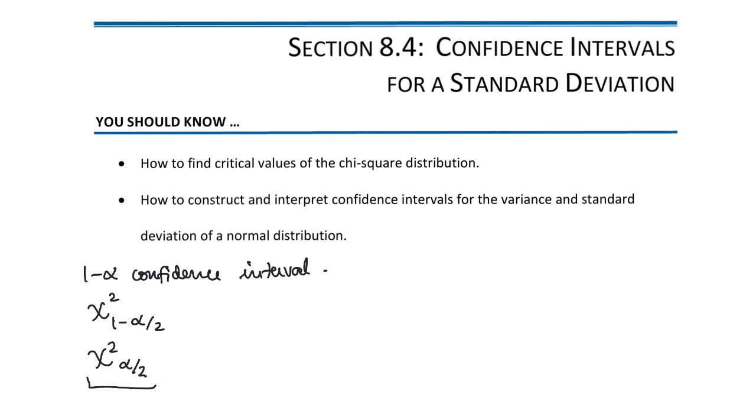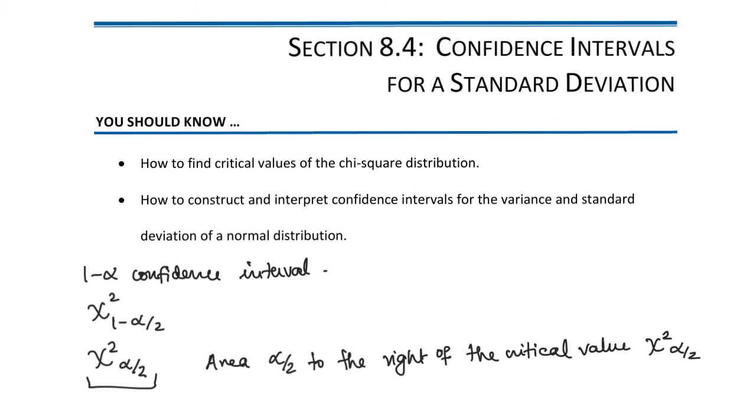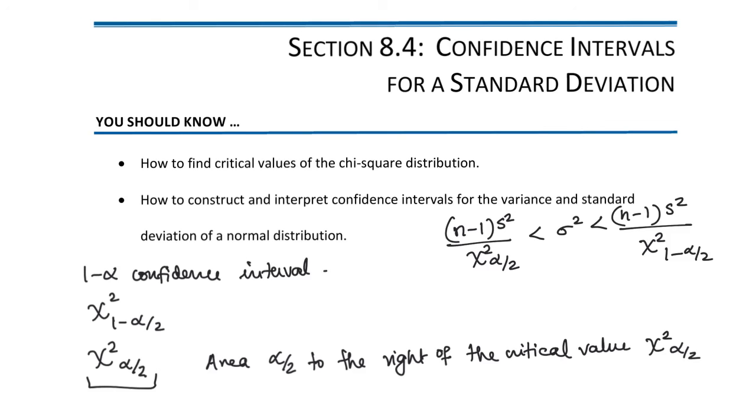So if you have chi square alpha over 2, this critical value tells us how much area is to the right side of the critical value. So this will have an area alpha over 2 to its right side of the critical value. And the formula we use to construct the confidence interval is, and for the standard deviation, just take the square root of each one.